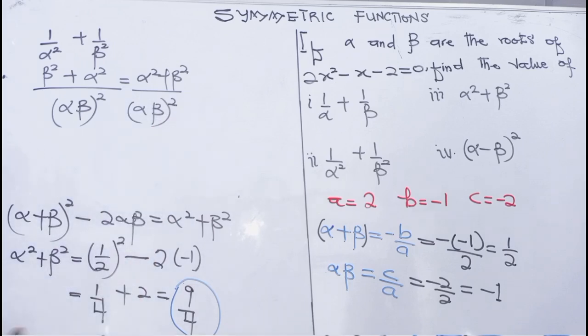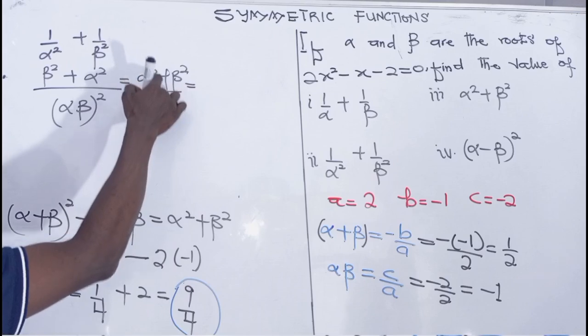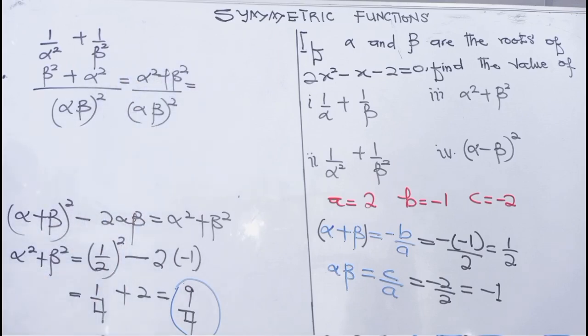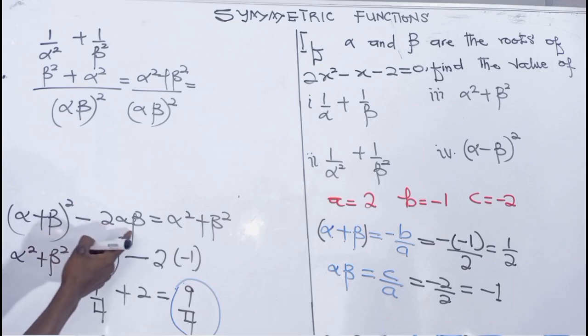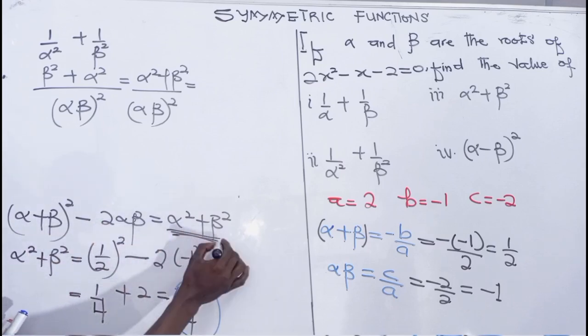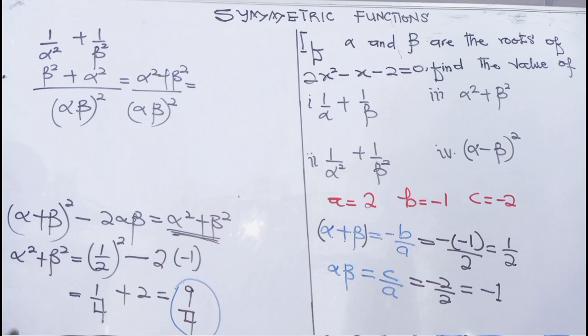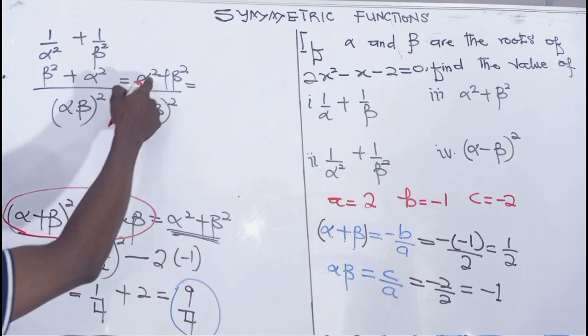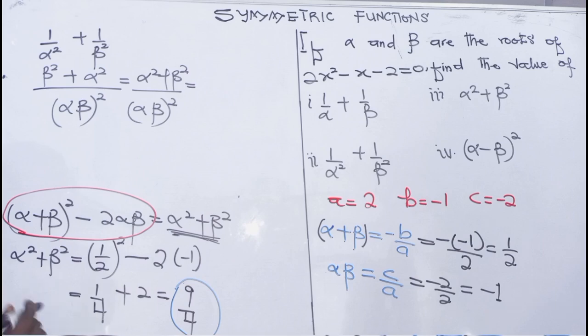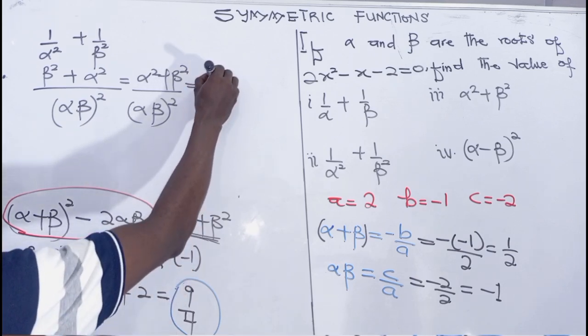But with our previous example that we did on this, we said that alpha squared plus beta squared is given as alpha plus beta all squared minus 2 alpha beta. So it means that in place of this, we are going to substitute the whole of this in place of alpha squared plus beta squared.